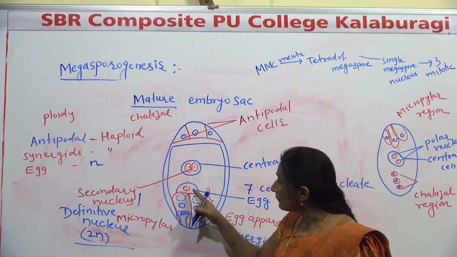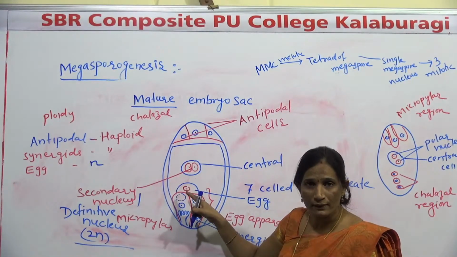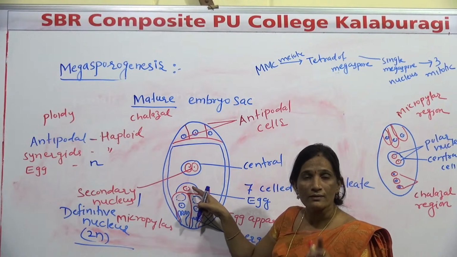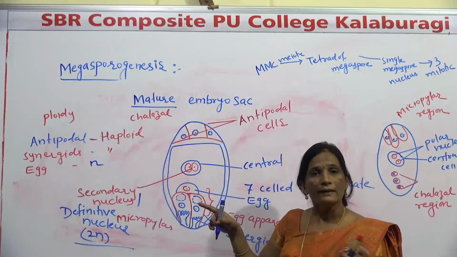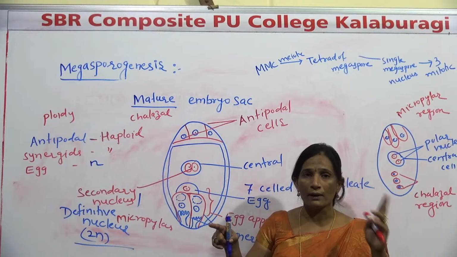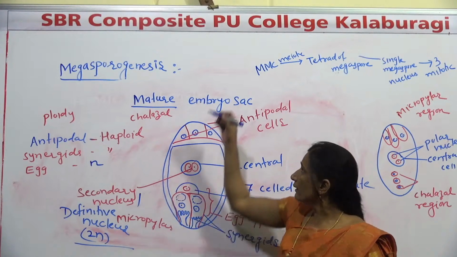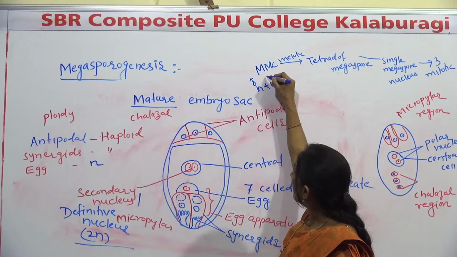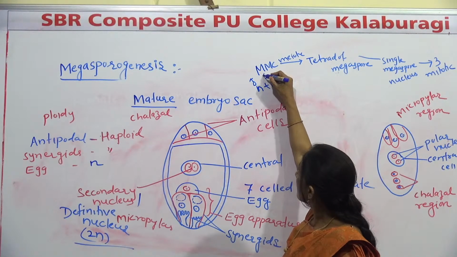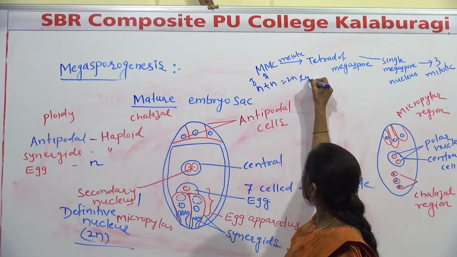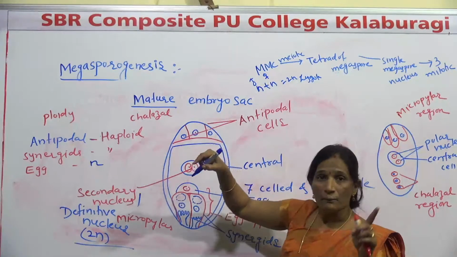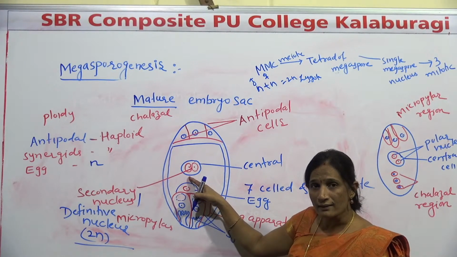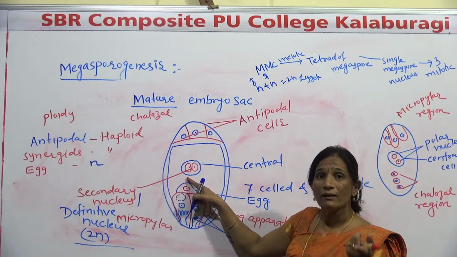Understand here, as you know from double fertilization, one male gamete fuses with the egg cell to form the zygote. The zygote is diploid because it is formed by fusion of a haploid male gamete with a haploid female gamete, N plus N, resulting in the 2N zygote. But when the other male gamete fuses with the secondary nucleus, this fusion is called triple fusion.